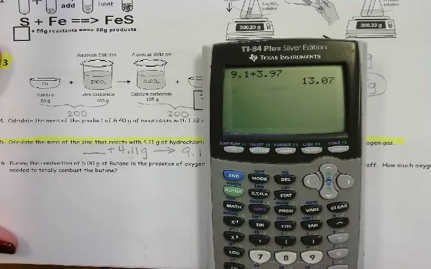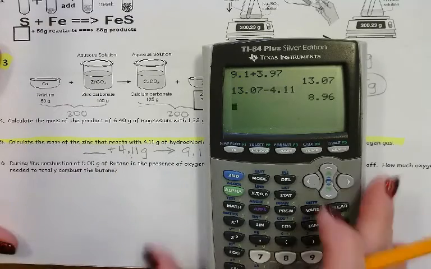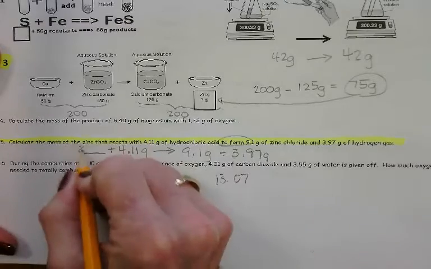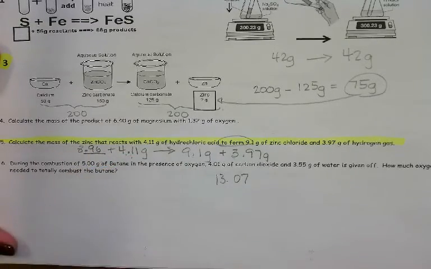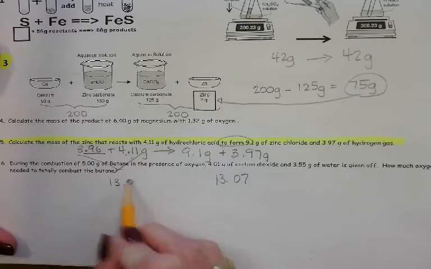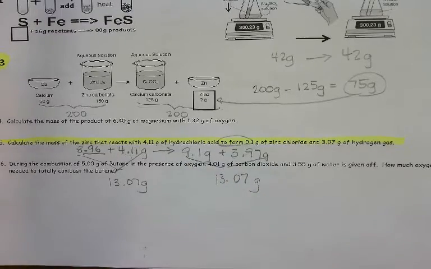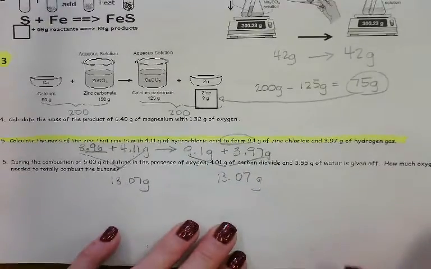So I go 13.07 minus 4.11, and that gives me the rest of my reactant. 8.96 grams. That and that, they all have to be equal in mass. Okay, so that equals 13.07 grams. That equals 13.07 grams. That's the law of conservation of mass.